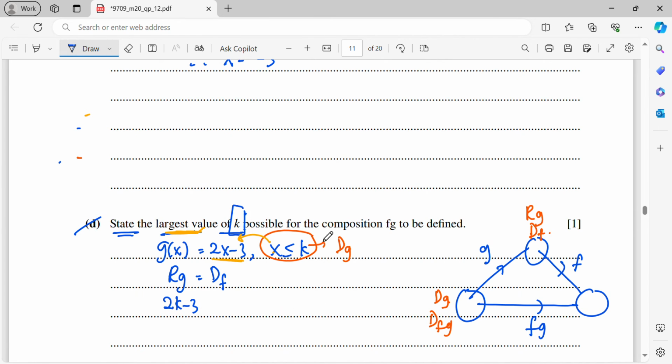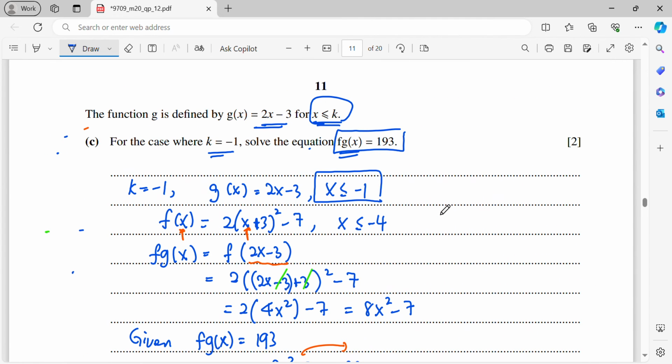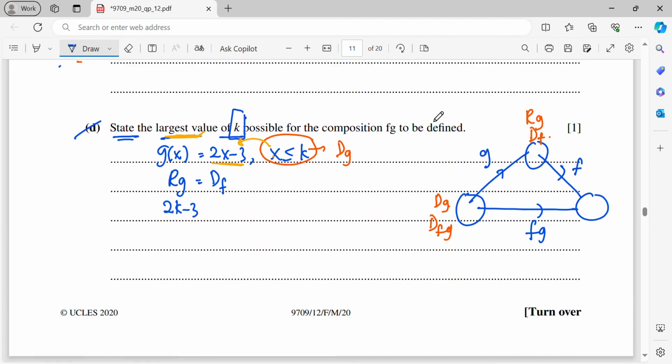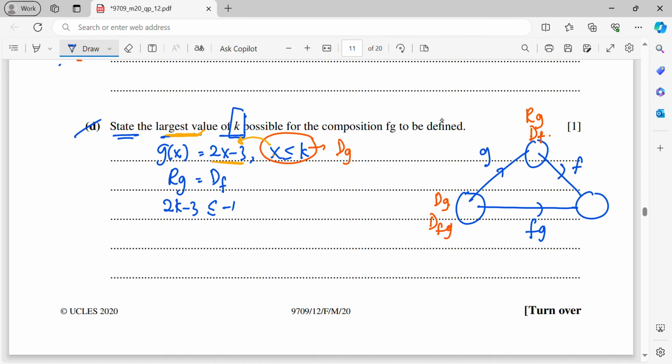Okay, what is my domain f? My domain f is basically x less equals to minus 4. This is my domain f. So I will say that it's less equals to minus 4. Okay, because for f(x), I would say domain f, x less equals to minus 4.